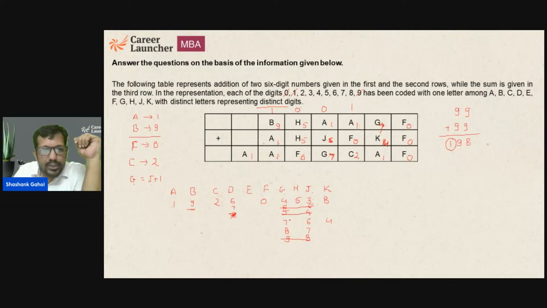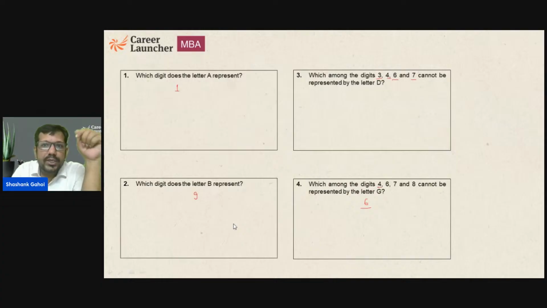So D can be what? D can take a value of 3. So D can take a value of 3, 6, and 7. Which of the following digits can D not take a value of? That is 4. So the answer of this question becomes 4. This is how we are going to approach the question.